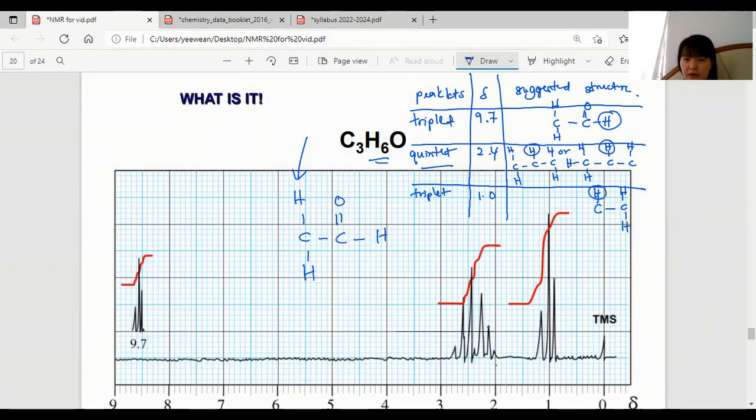I would think 2, whereby next to it there is 1 and 2, 3, 4 here. This H must have been this H. That is my guess. And the last one is probably one of these who has 2 neighbors, which are these 2. So let's overlap all 3 structures.